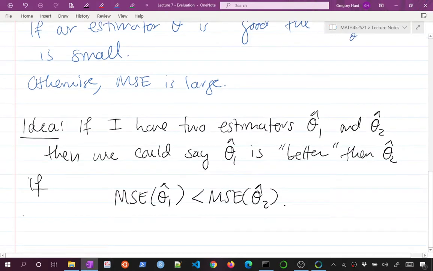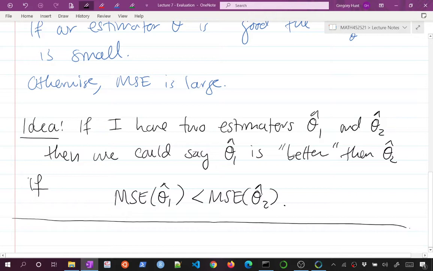So it gives us a way to not only evaluate estimators individually, but also to compare them and say which one, on average, at least according to the metric of the MSE, is going to be better.